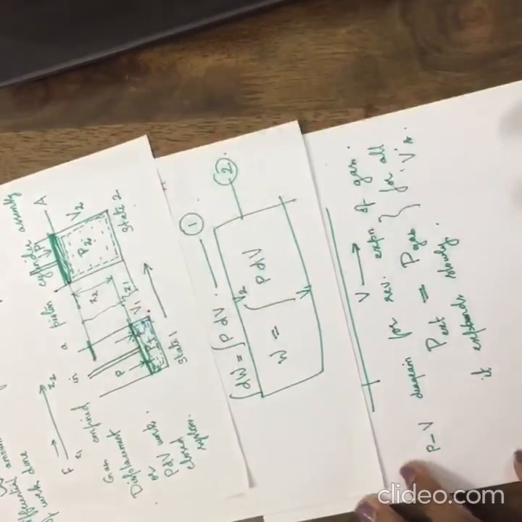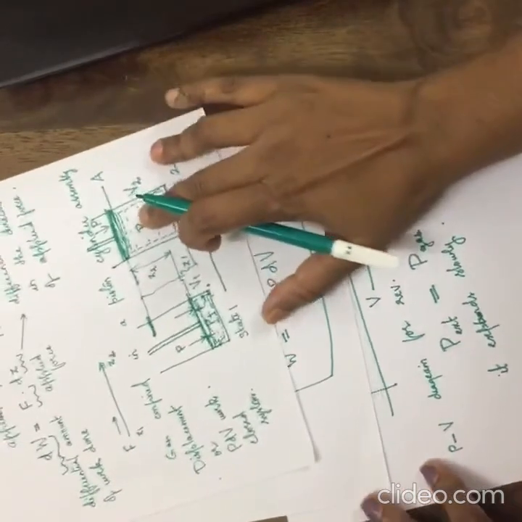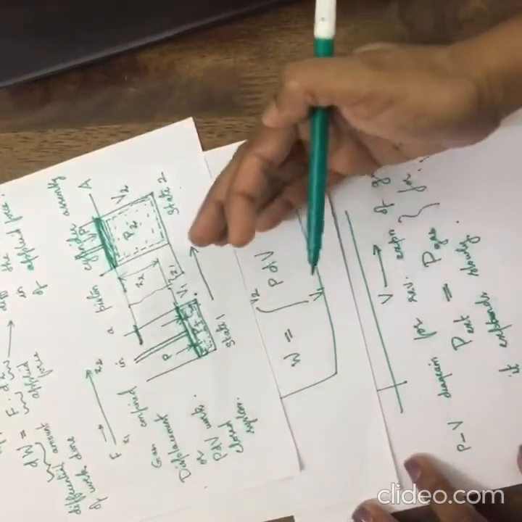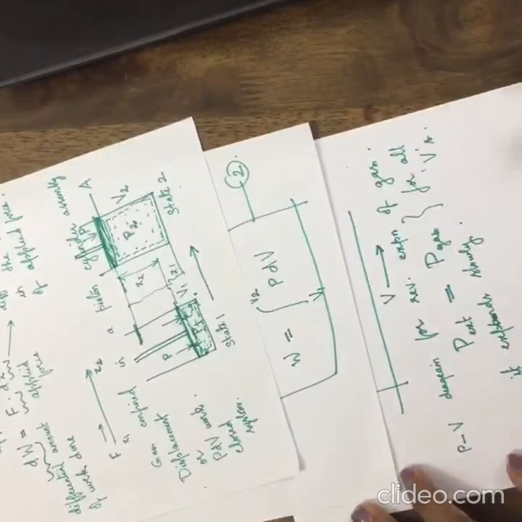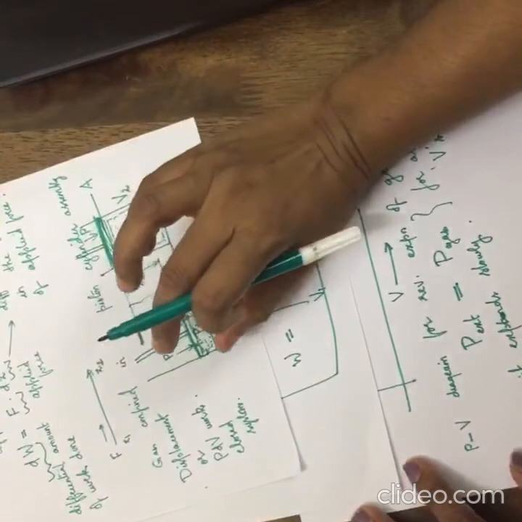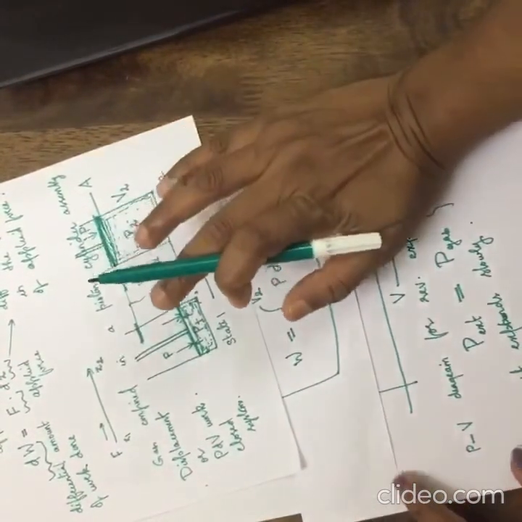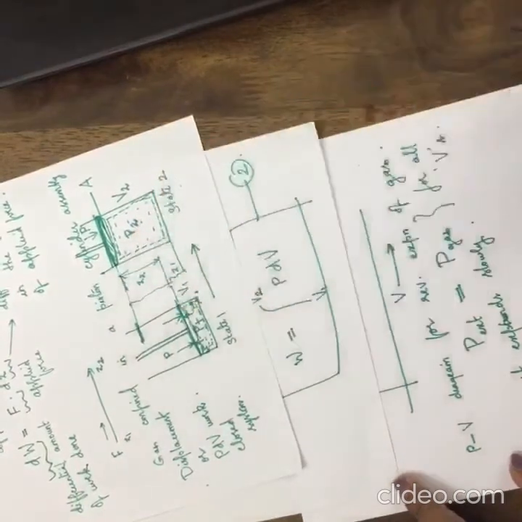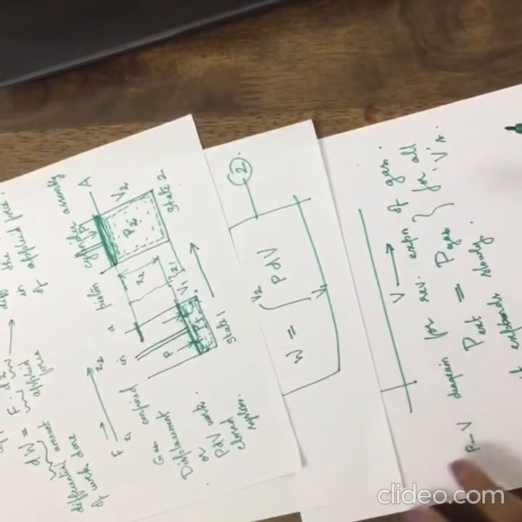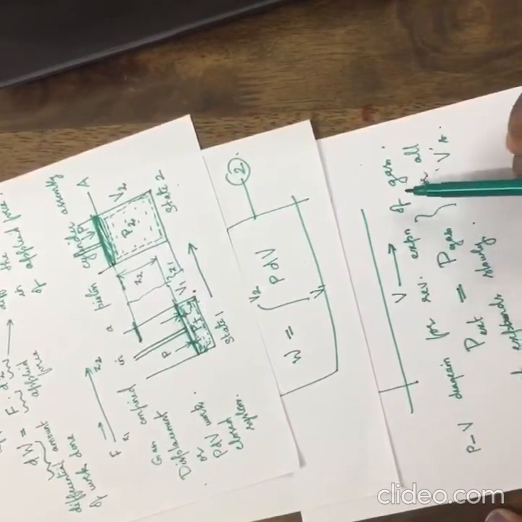Such processes are called reversible processes, which means it expands slowly, or only infinitesimal system changes occur over an infinitely long time. So it's a reversible expansion of gas.